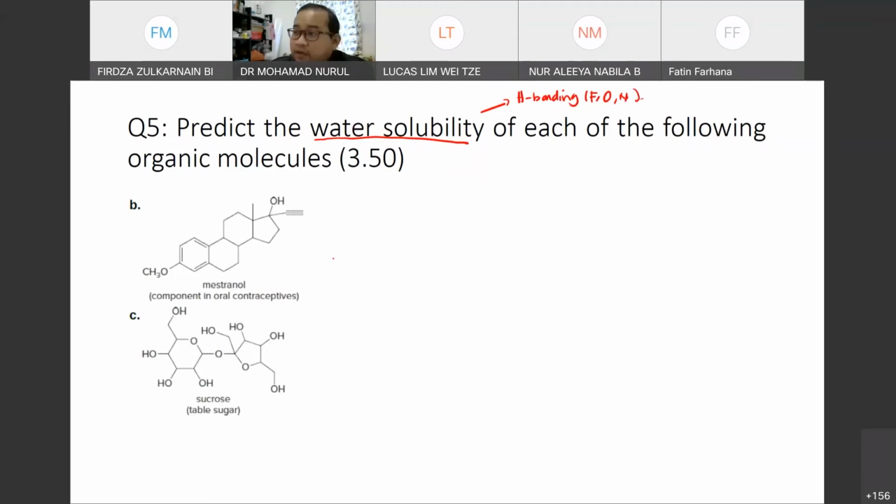So we have mestranol. They have 2 polar groups, 1, 2, with the possibility to do hydrogen bonding.